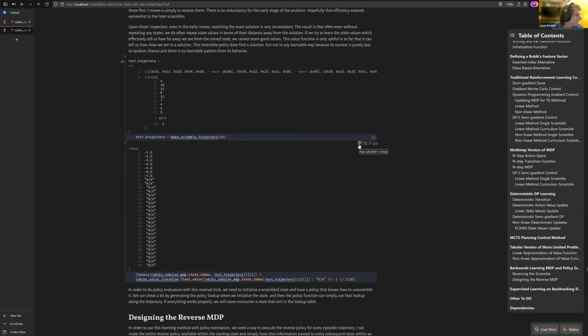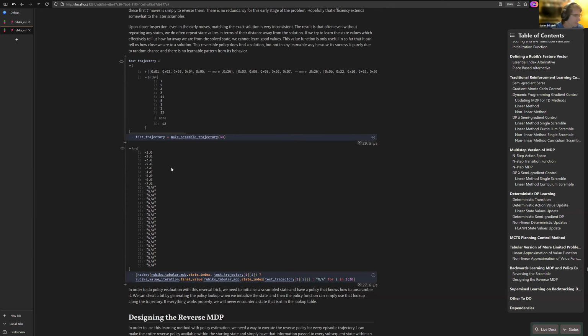Now, if I keep generating this though, let's look at this one. On the 3rd scramble step, this was only 1 step away from being solved, and then we made backwards progress, and then we're back to here again, and this is 2, 3, 4. And if I keep generating this, you'll see 4, 3, 4, 3, 2, 1.